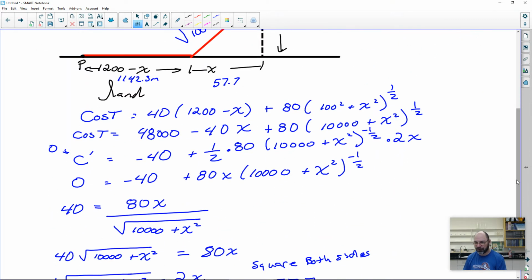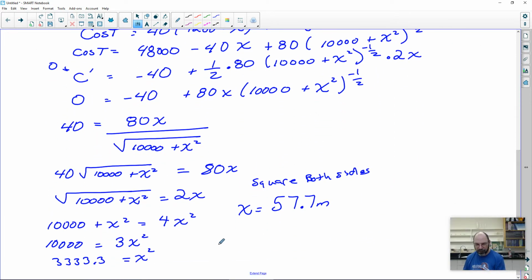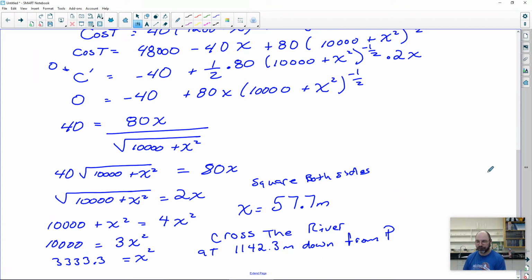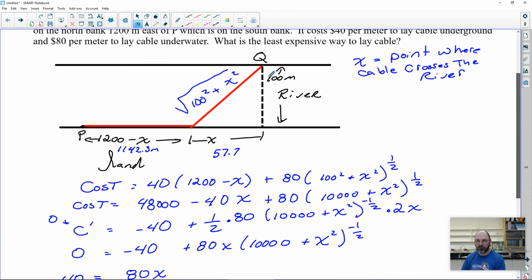So you can say that we cross the river at 1,142.3 meters down from point Q. Or you can say cross the river 57.7 meters west of this point here.